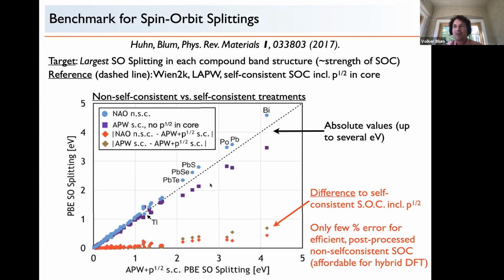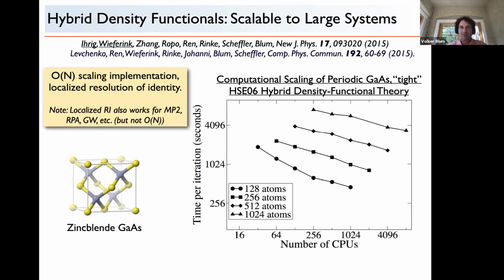I should say that we also have an essentially fully relativistic version of self-consistent spin-orbit coupling in the code that works for PBE and for closed shell systems. So you can get rid of these particular deviations up here if you like. But for practical purposes, this has actually been a very useful prescription for us for calculations, especially for large systems.